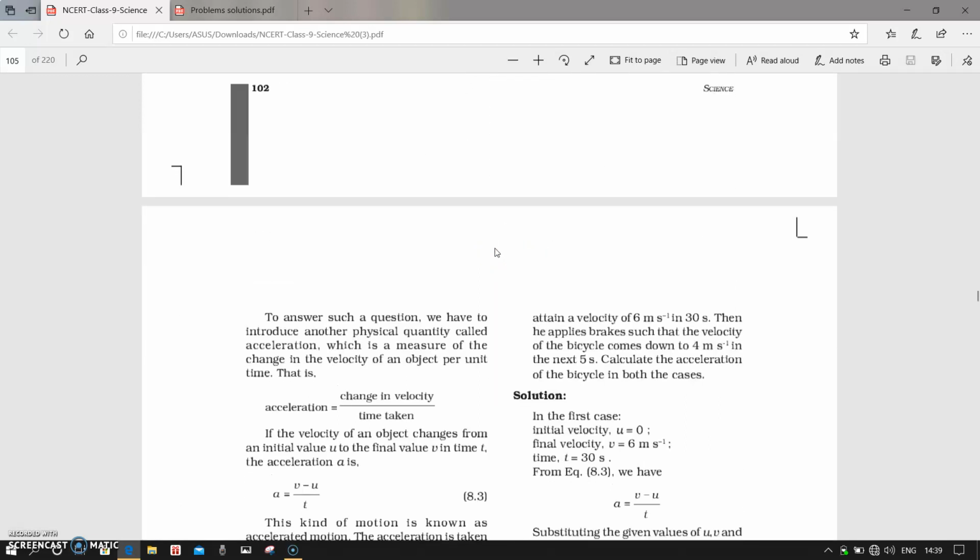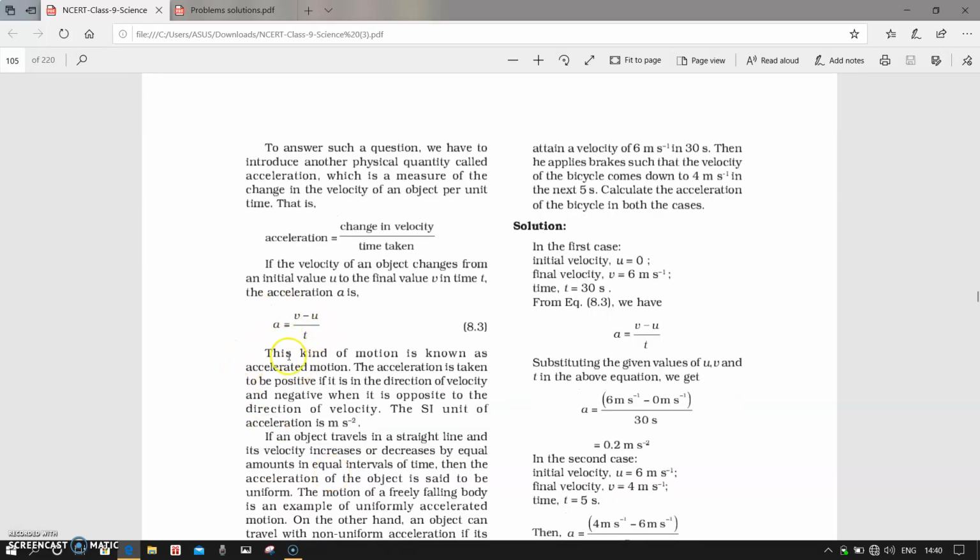Mathematically, acceleration is change in velocity per unit time, so a equals v minus u divided by t. V minus u means the change in velocity, that is final velocity minus initial velocity.